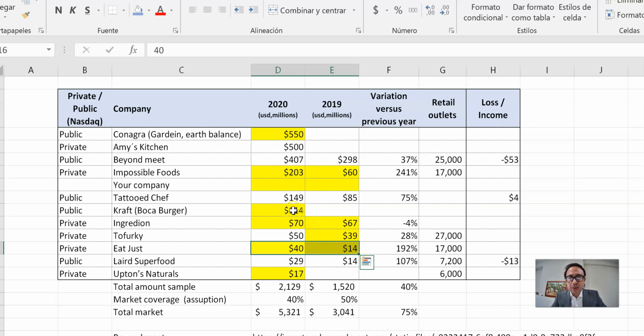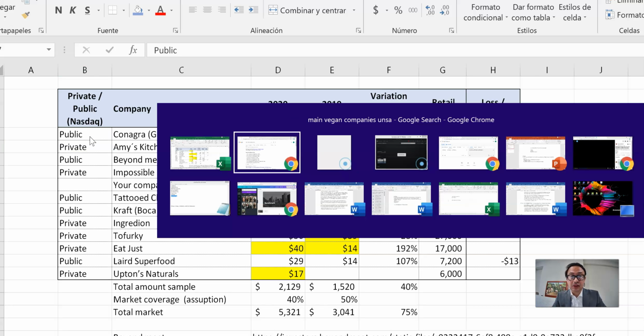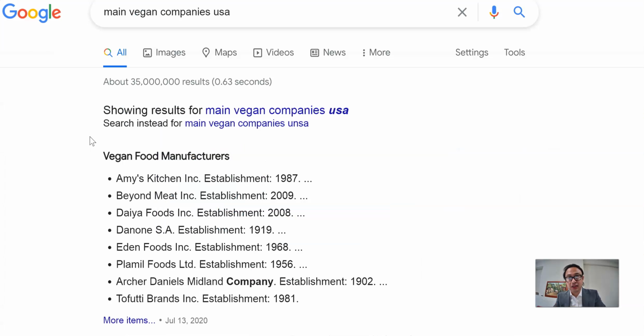The point that I want to make in this step is that private companies most of the time don't share their strategy or their financial reports, and public companies have to publish the information about the challenges, net sales, and expenses.